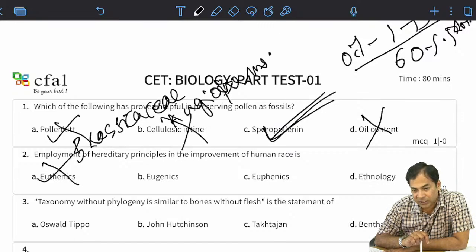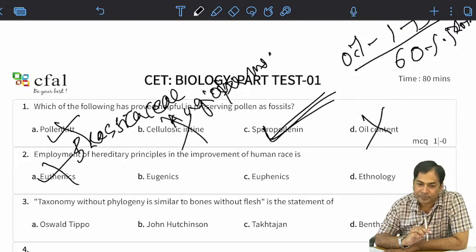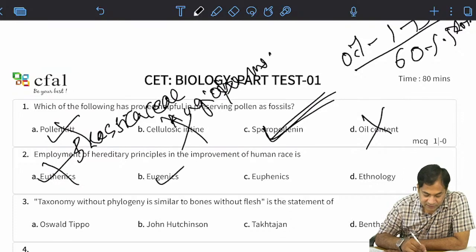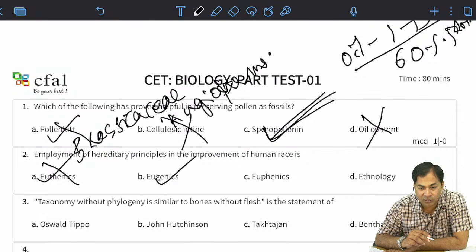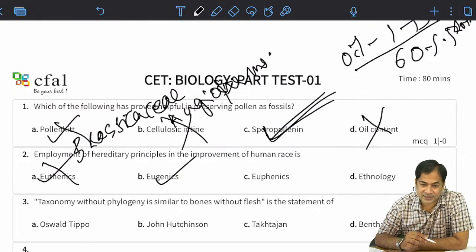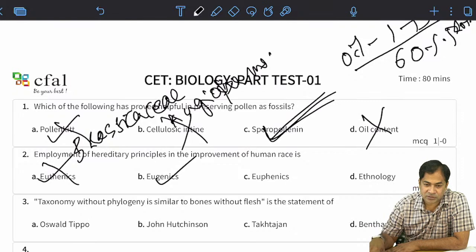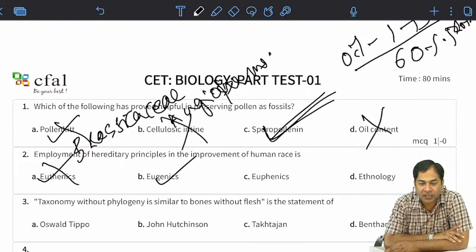Here, improvement is what they are talking about, that is eugenics, because eugenics is a branch of genetics where we discuss good genes. Eugenics, very interesting, is where we talk about good genes.